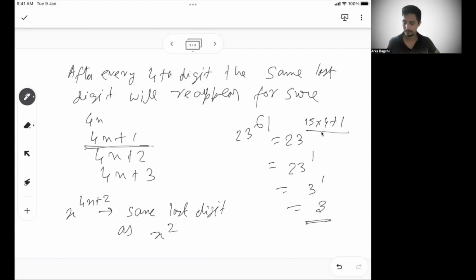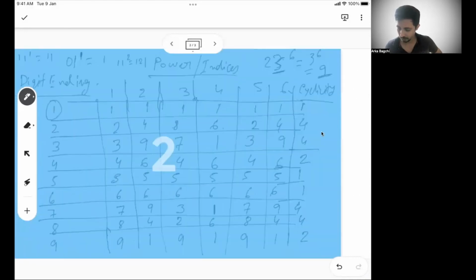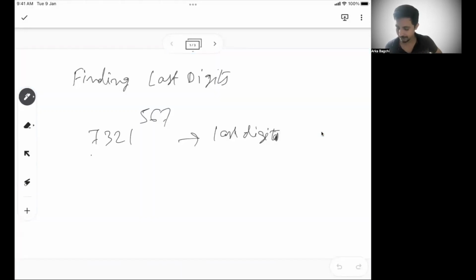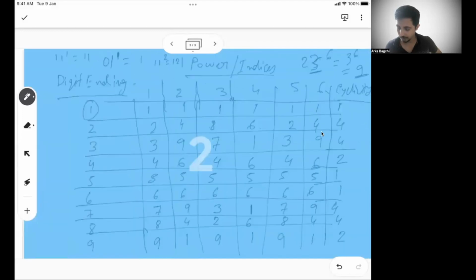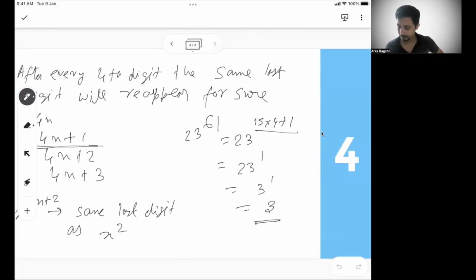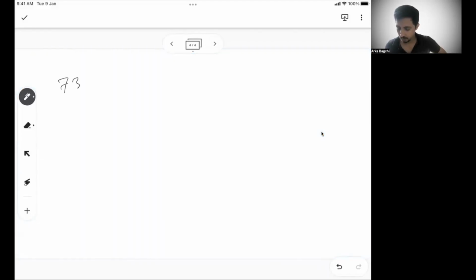Let's take the first example that we started with, the number 7321 to the power 567. Looks complicated, but it's not actually. Firstly, the last digit of the base is 1, so it's the same as 1 to the power 567. Now 1 has a cyclicity of 1, so whatever power you raise it to, you will always get 1.